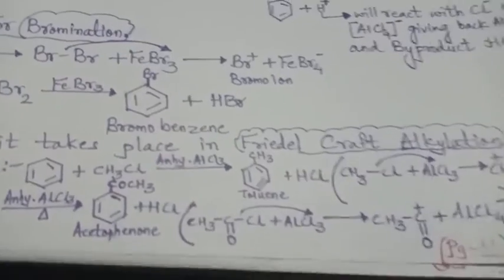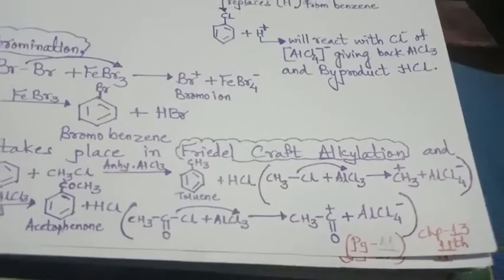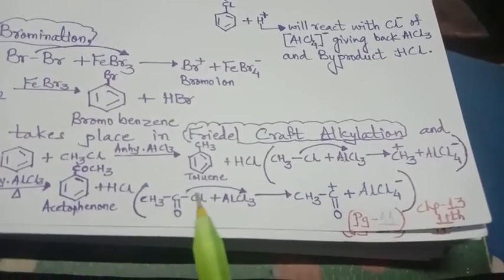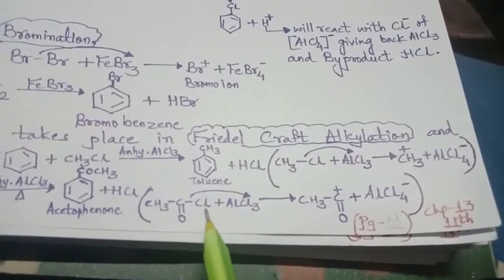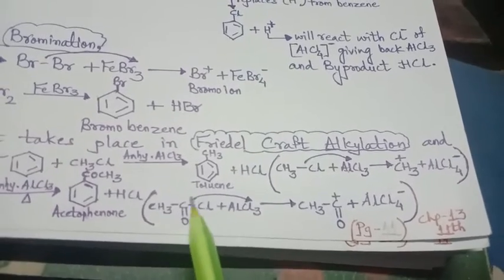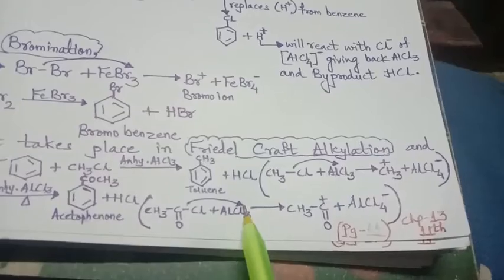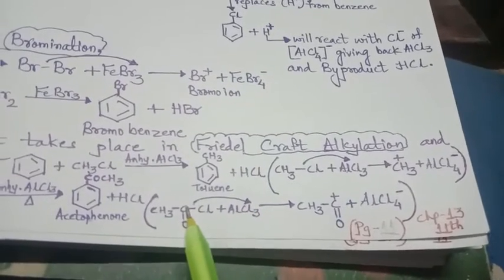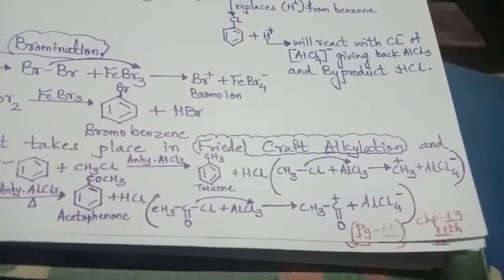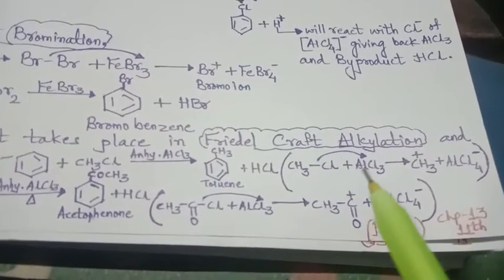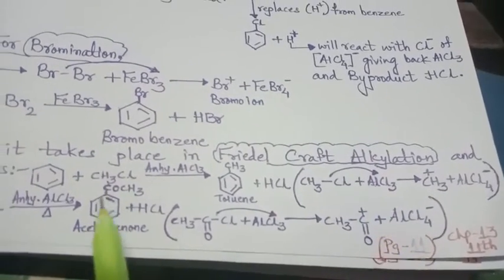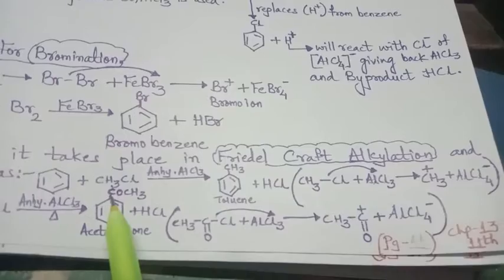You can see the intermediate mechanism. CH3 double bond O Cl. Here also Cl being more negative will drag the electron and combine to AlCl3 as AlCl4 minus, and this will acquire positive charge. So this CH3 double bond O with positive charge will try to attract one of the hydrogens.